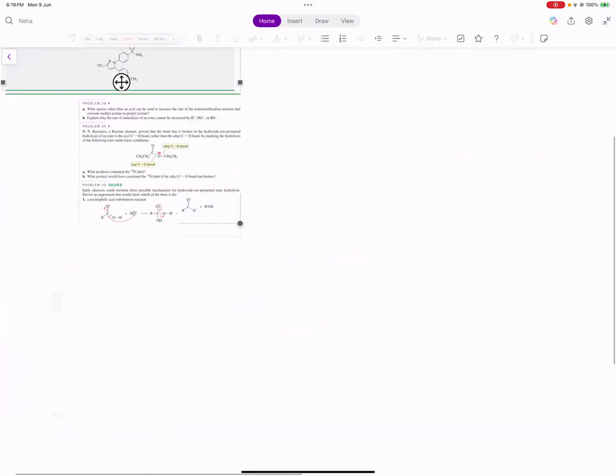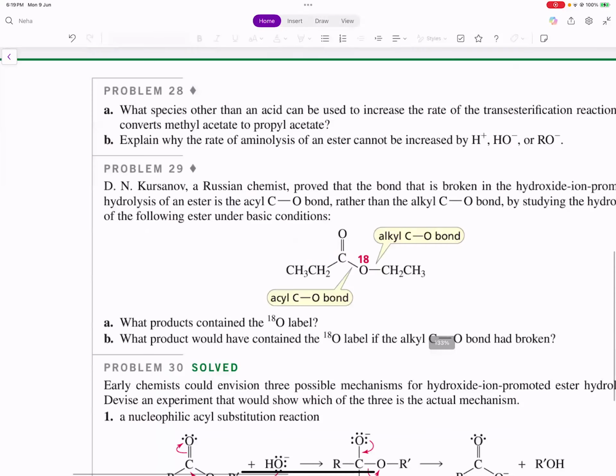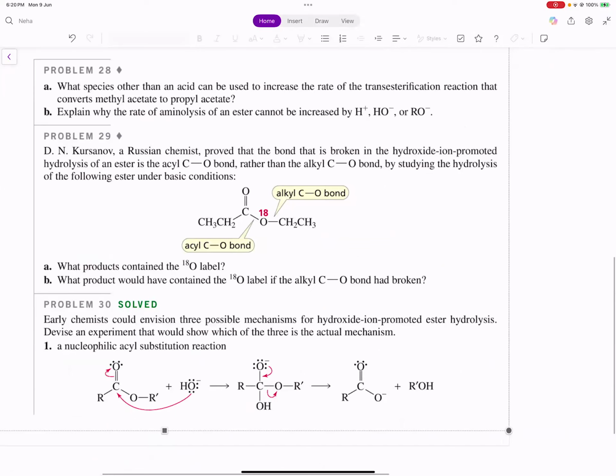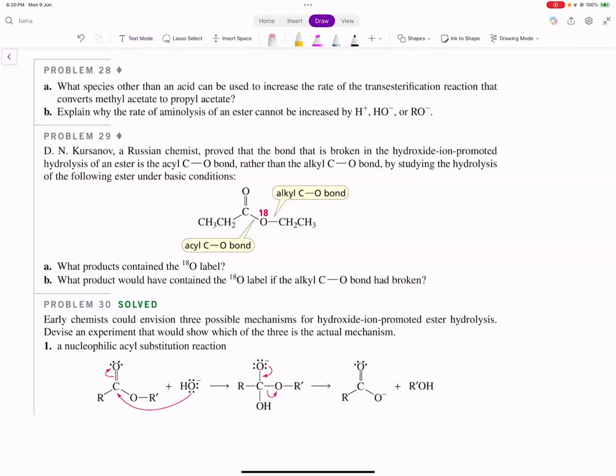This was one question which came when I applied for IIT in 2000. Problem 28: What species other than an acid can be used to increase the rate of the trans-esterification reaction that converts methyl acetate to propyl acetate?